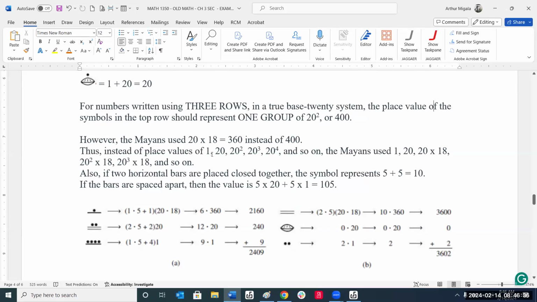So instead of placing 1, this is 20 to the power 0, 20 to the power 1. The Mayans used 1 for the first column. That's 20 to 0. This one's 20 to the first power. Instead of having 20 to the second power, they have 20 times 18.